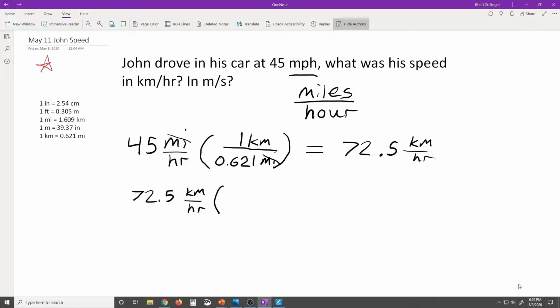So I need to get rid of kilometers, so I need that in the bottom, and I know that 1 kilometer, as we discussed in a previous slide, was 1,000 meters. Okay, now I also need to get rid of hours, and that's in the denominator, so I need hours in the numerator, and I happen to know that 1 hour is 60 minutes.